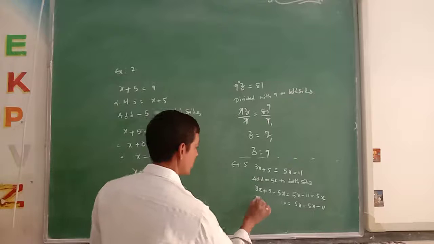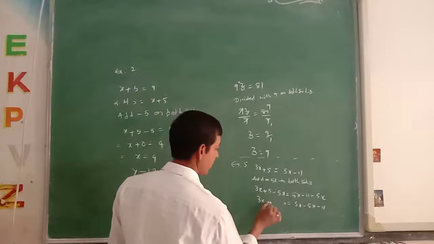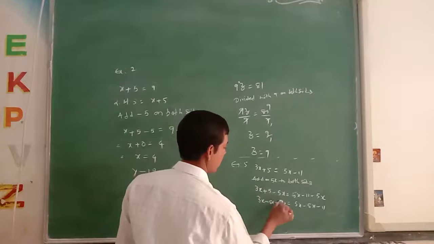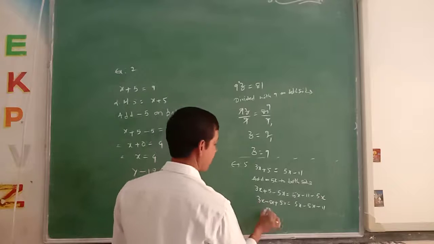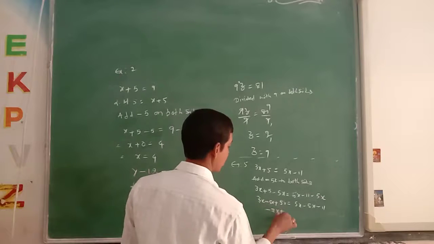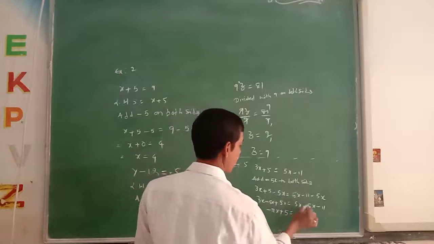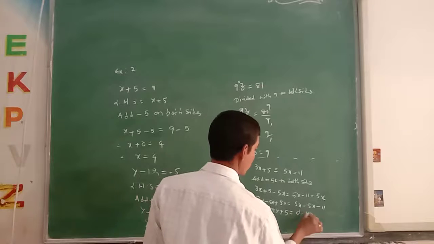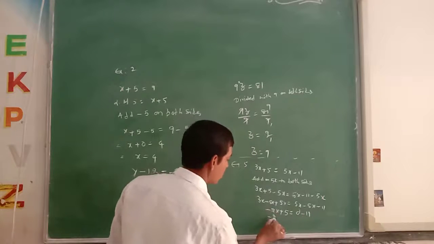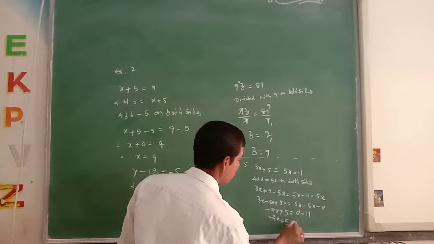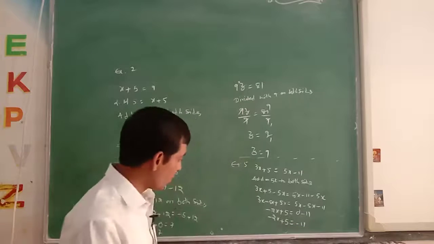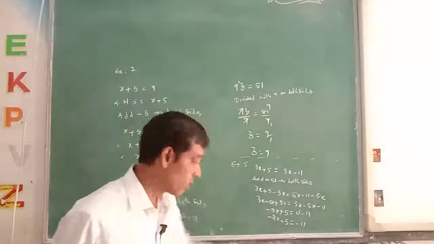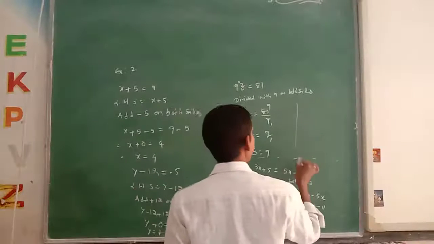Which one? 3x minus 5x plus 5. 3x minus 5x is minus 2x plus 5. 5x minus 5x is 0, minus 11. So minus 2x plus 5 is equal to minus 11. What is the extra here? Plus 5 is there. We have to do the plus 5 as minus 5.